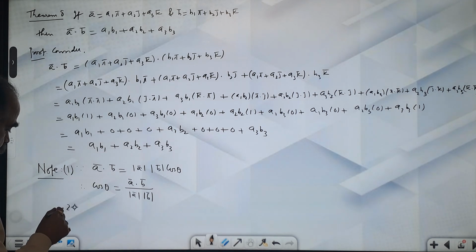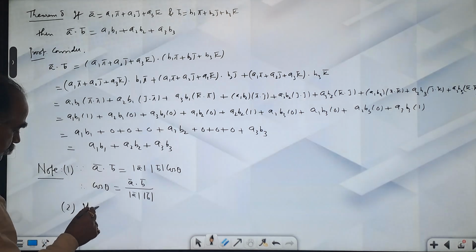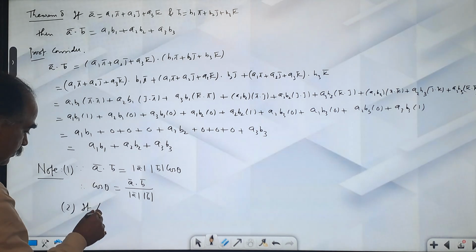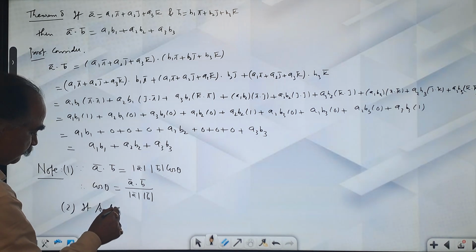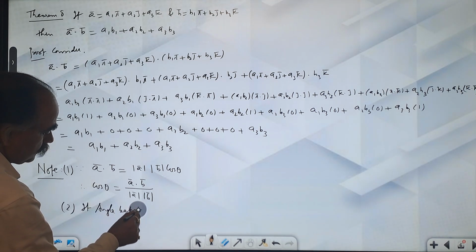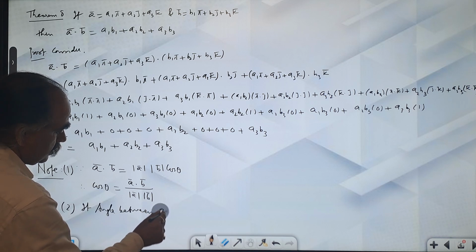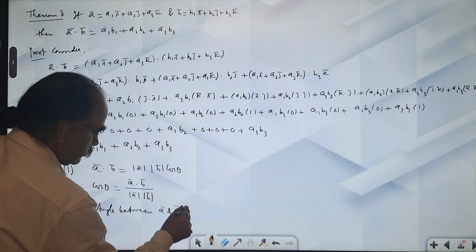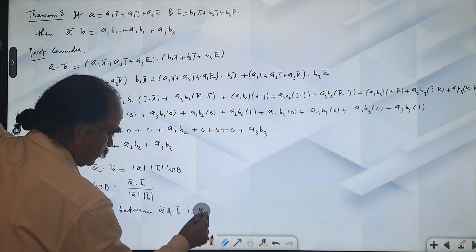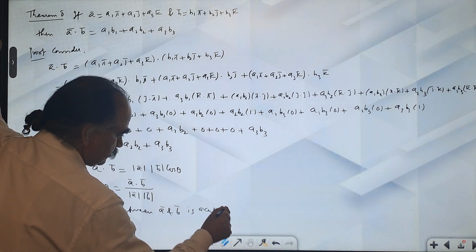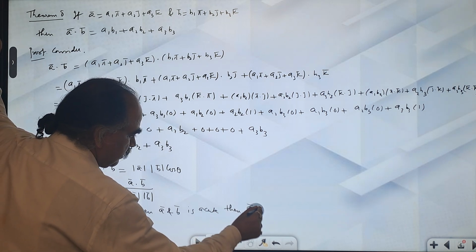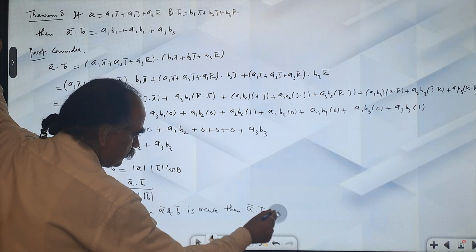Note number 2. If the angle between a bar and b bar is acute, then a bar dot b bar will be greater than 0.